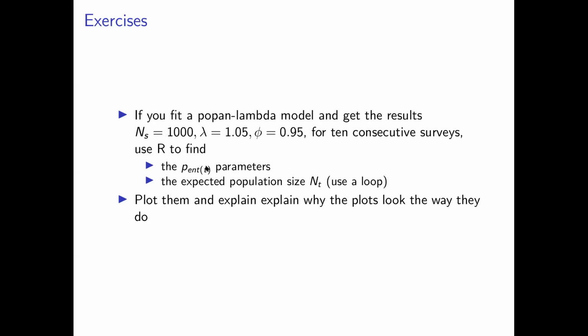Then you can use these pent parameters with the survival parameters to find the expected population size, NT. In both of these cases, you have to find the parameters for all 10 consecutive surveys. And in this case, you'll need to use a loop because it's a recursive definition. Then plot the values of the parameters over time and explain why the plots look the way they do.